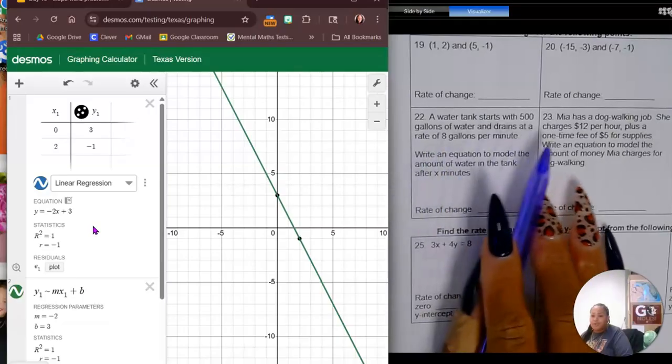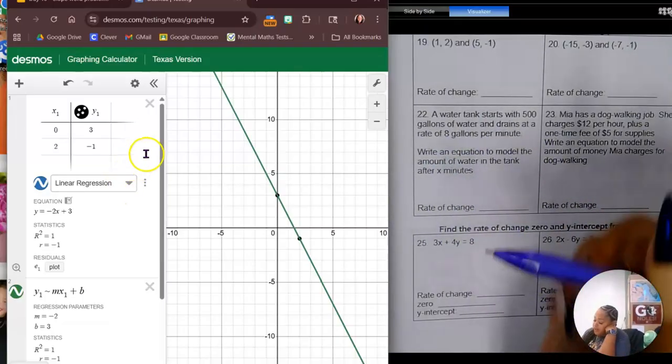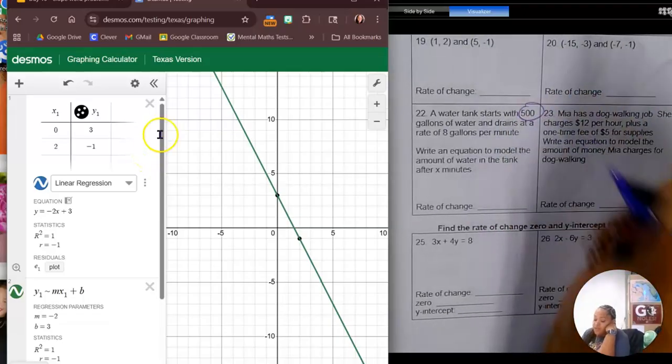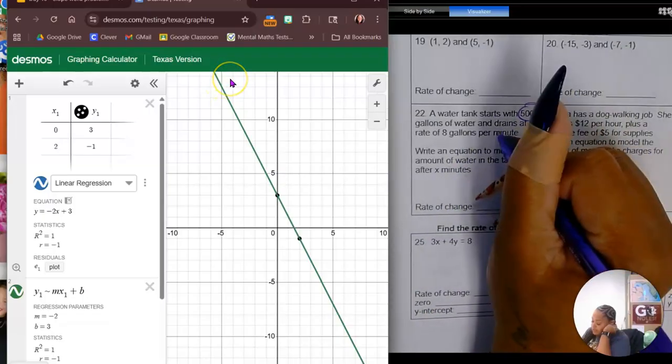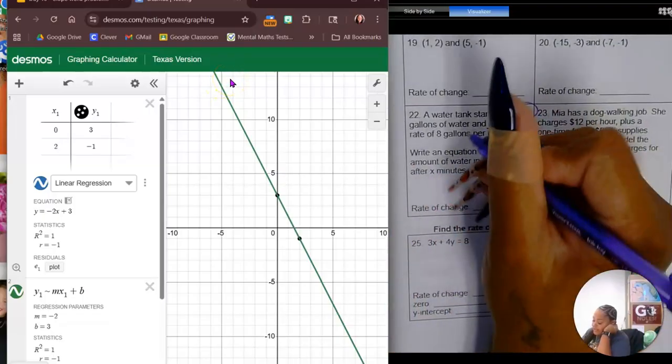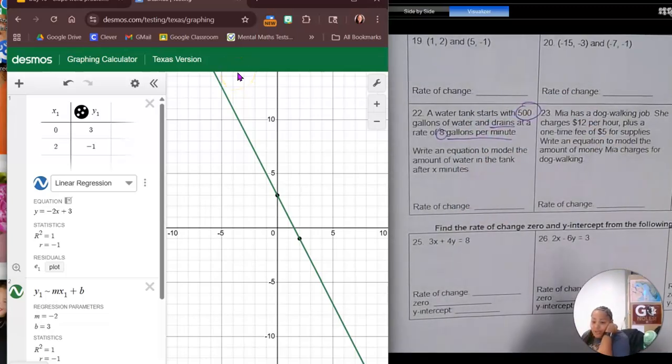Also, for 22 and 23, it says a water tank starts with 500 gallons of water. So that's my starting value. And it drains at a rate of 8 gallons per minute. Wherever you see per, or for each, or for every, that goes alongside my variable. That tells me my rate. And then it says by X number of minutes in this case.